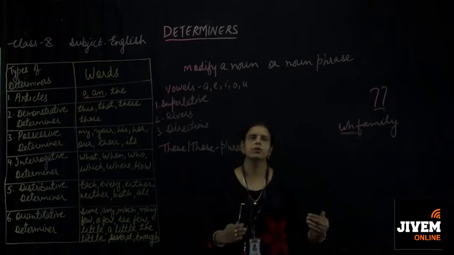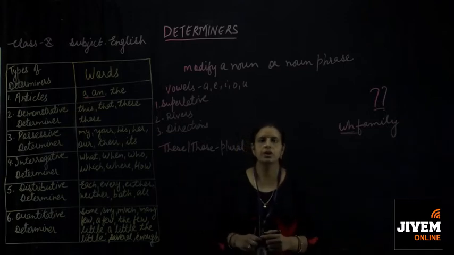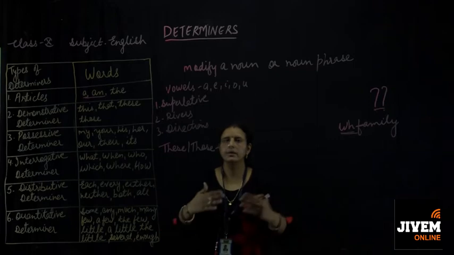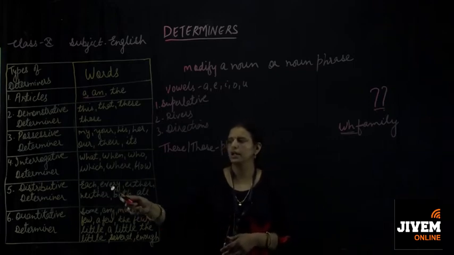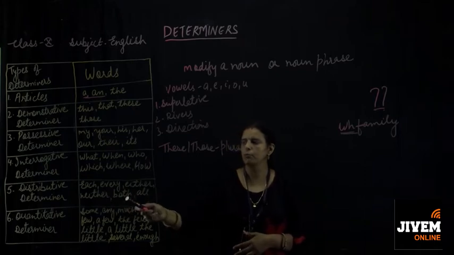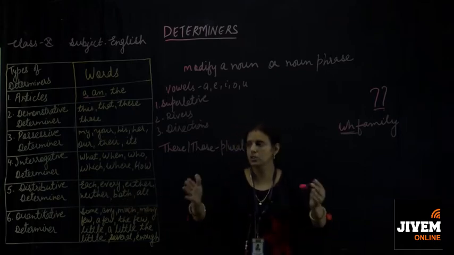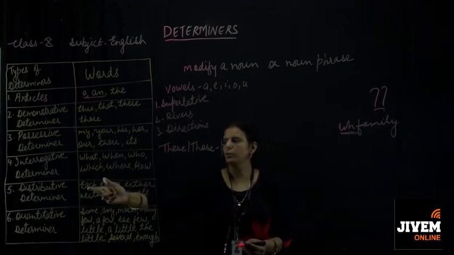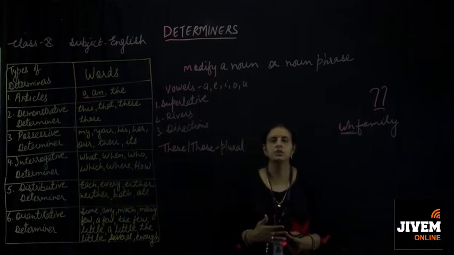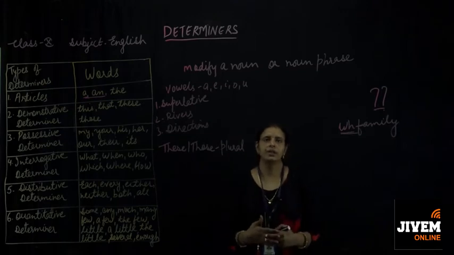Next is the distributive determiner. What do you mean by distributive? Distributive means when we are distributing the things, and the words which come in this category are each, every, either, neither, both and all. These all words show that the things have been distributed. Suppose we are talking about each and every. Each we use when we have the noun in a definite number.